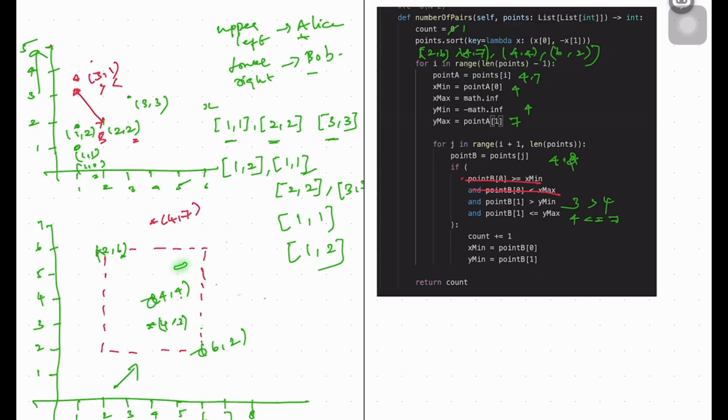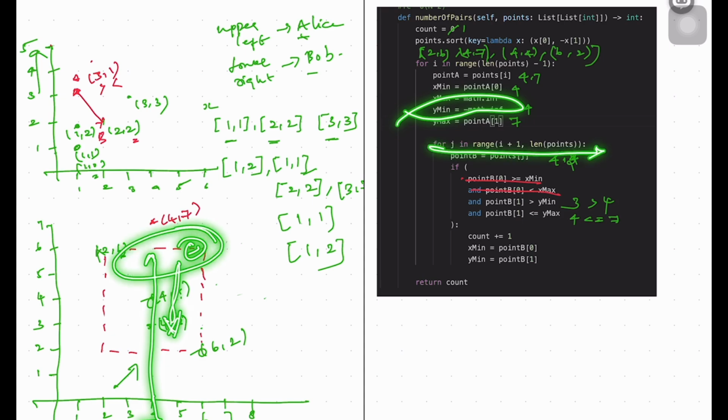When you have traversed in descending order, that's why we are sorting our y in descending order, so that for the same x, whatever y comes first, you take it and update it to y min. As it goes downwards, we know, okay, this is present.